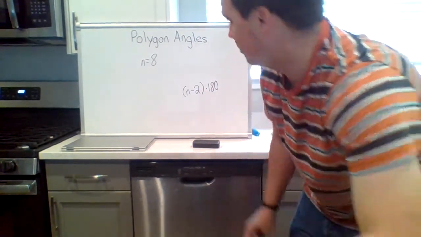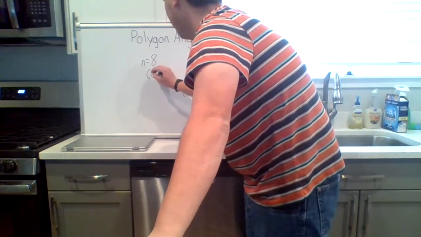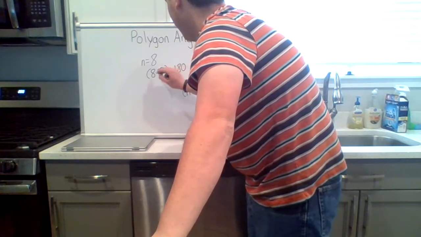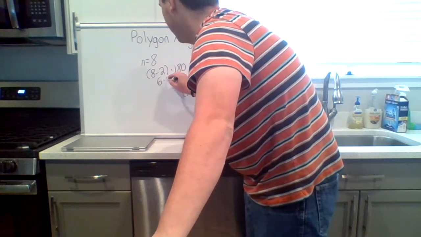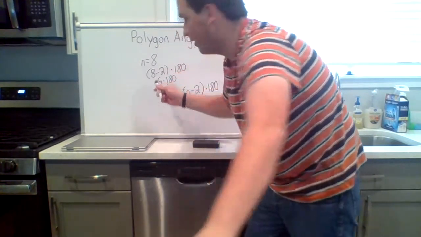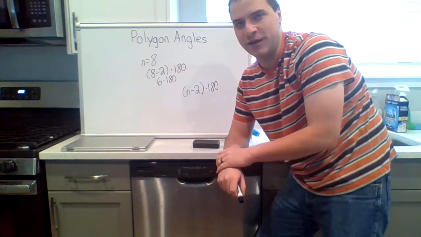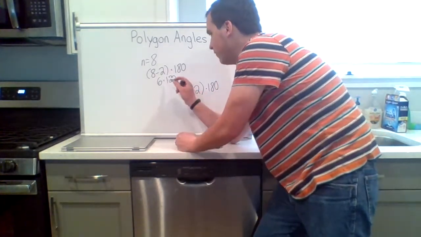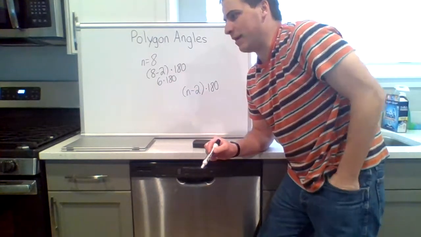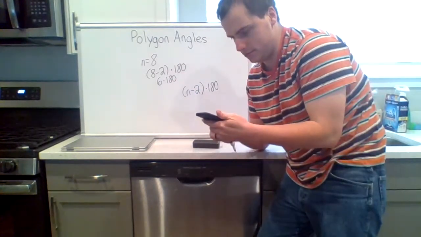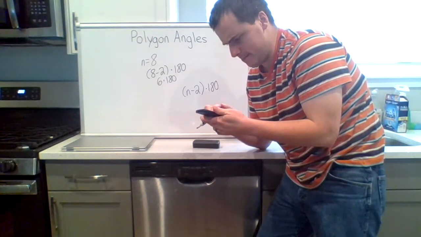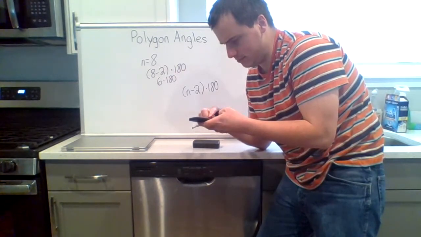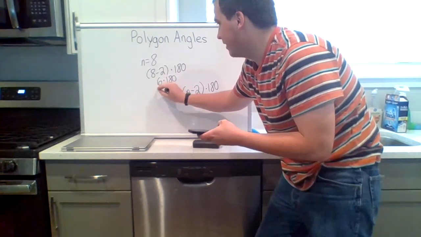Davis. Alright, so we do 8 minus 2 times 180. 8 minus 2 is 6. 6 times 180. 6 here being number of triangles you can split an octagon into. 6 times 180 would give you, I should use my calculator really quickly. 1,080.